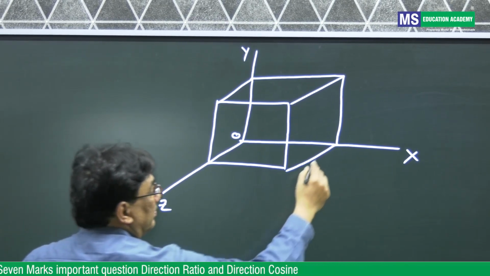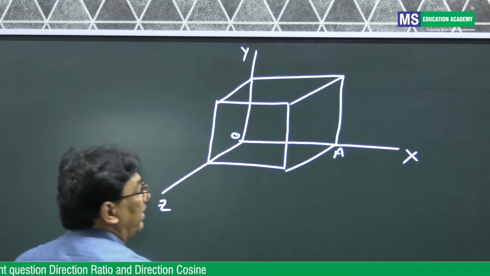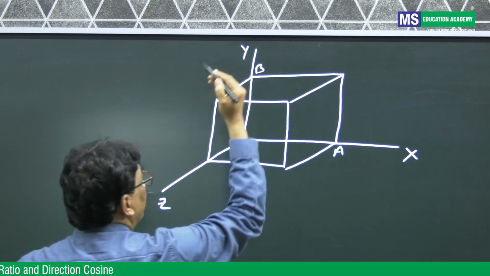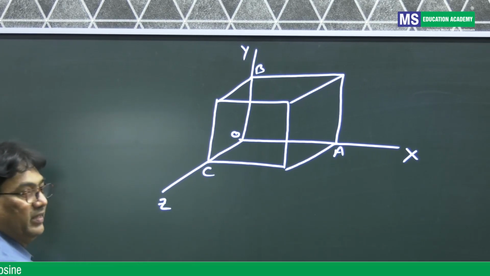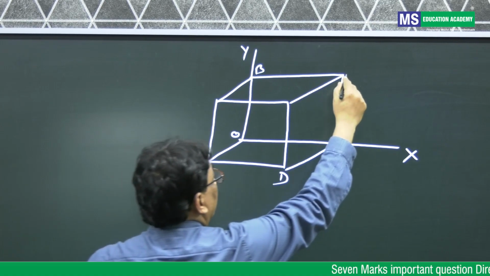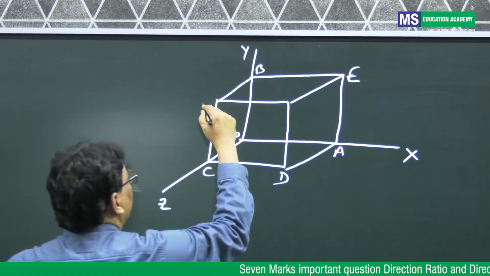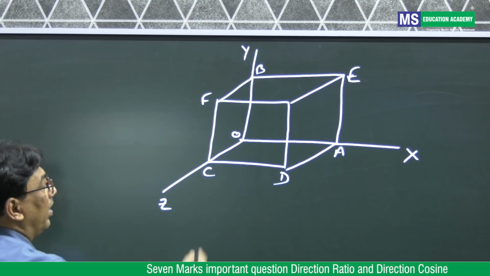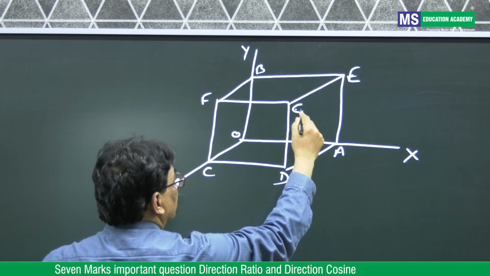The points on the x axis you can take as capital A, on the y axis B, on the z axis C, in the same cyclic order D, E, F, and the outside point is taken as G.